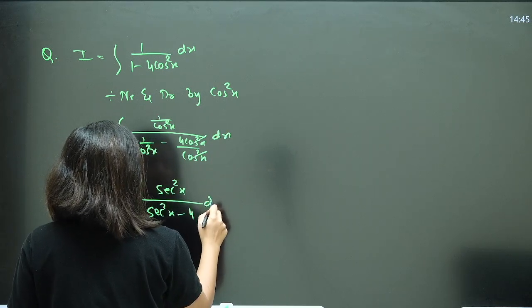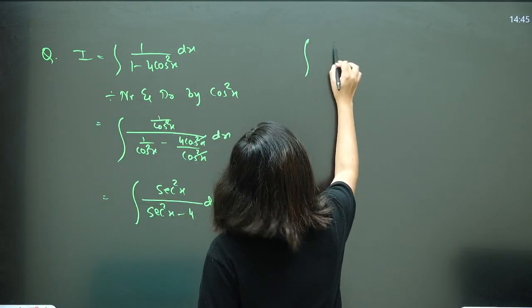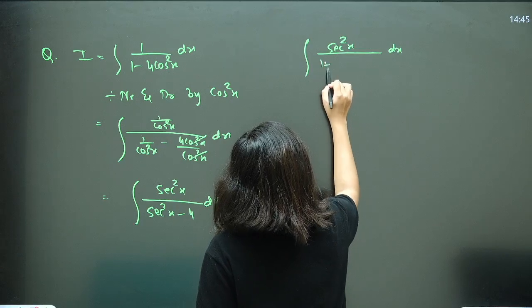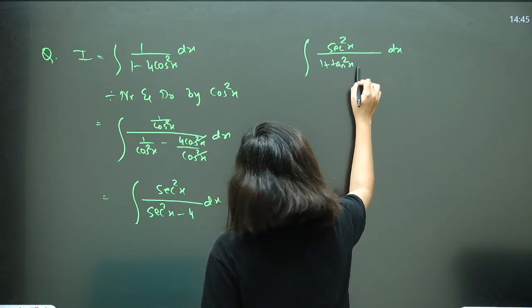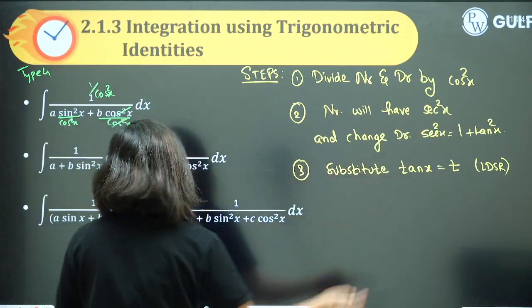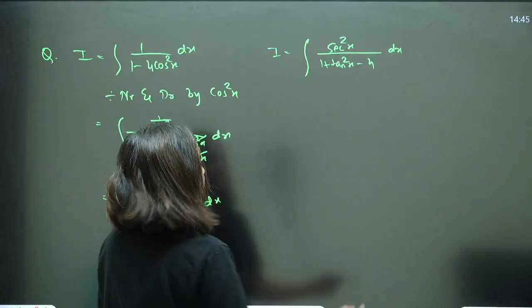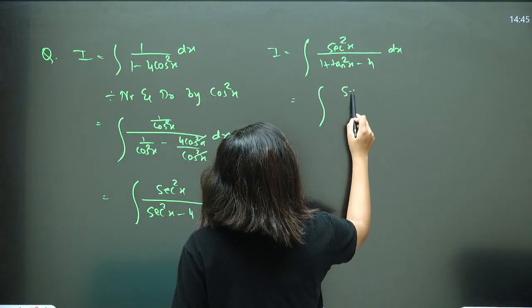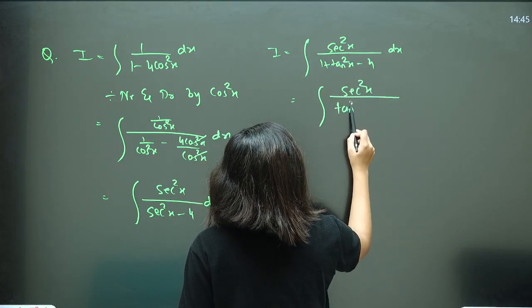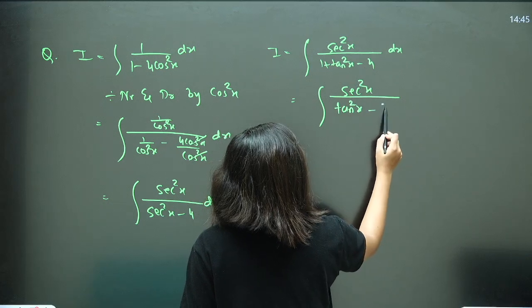Denominator cos square x, if any, you have to change it into 1 plus tan square x. Did I say it or not? Tell me honestly. Change denominator, and sec square x upon tan square x. 1 minus 4 is minus 3.